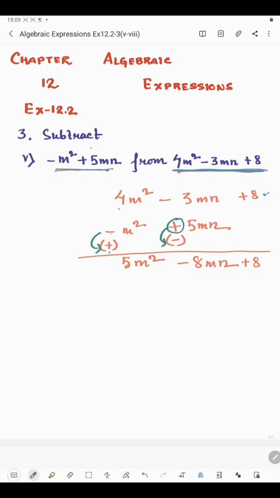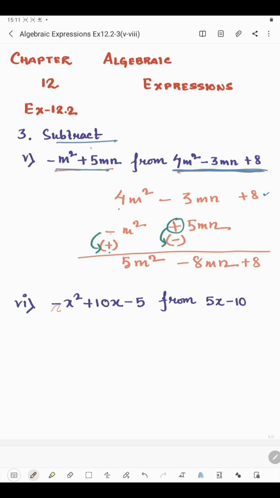Okay, and for the expression in the lower part we will have to change the sign. If you are doing addition, then there is no need to change the sign, but if you are doing subtraction, then you have to change the sign of the terms present in the lower part. Okay, now coming to the next part.